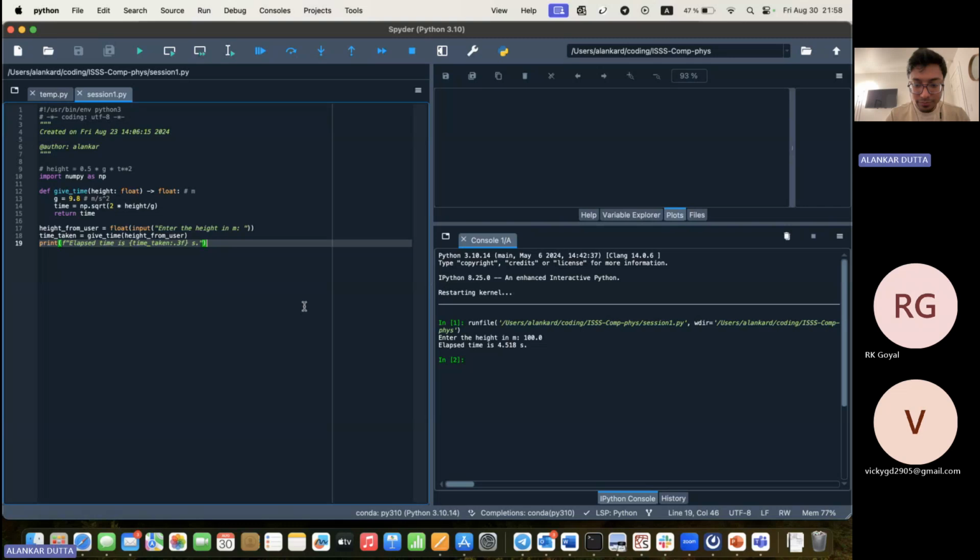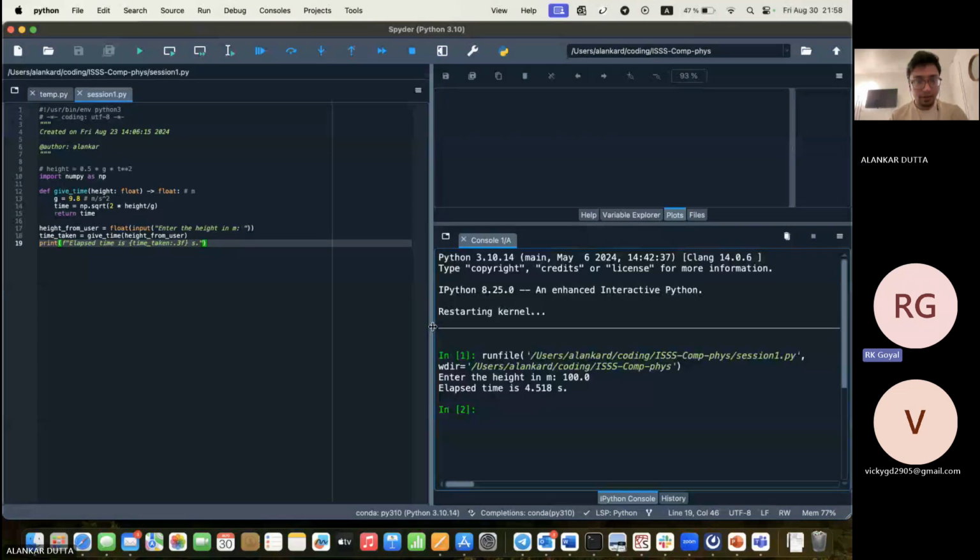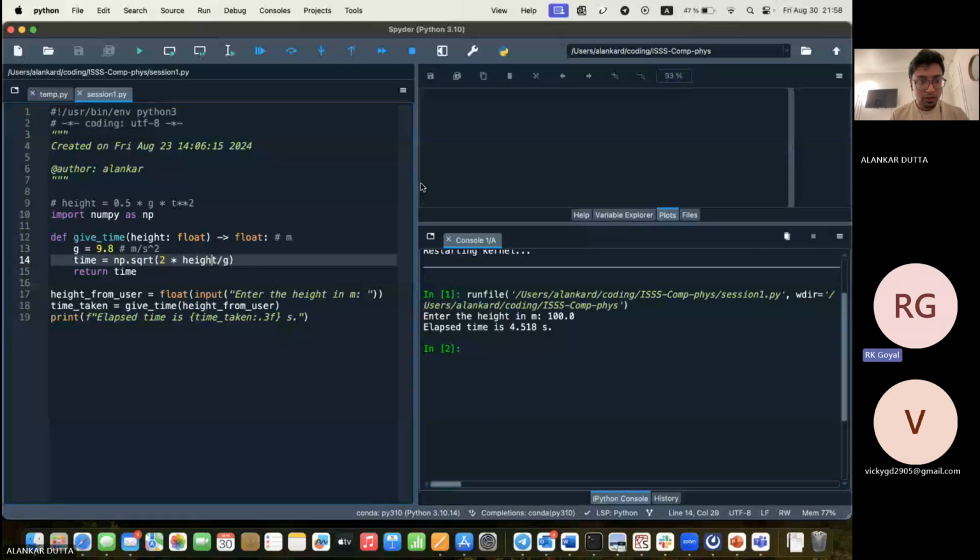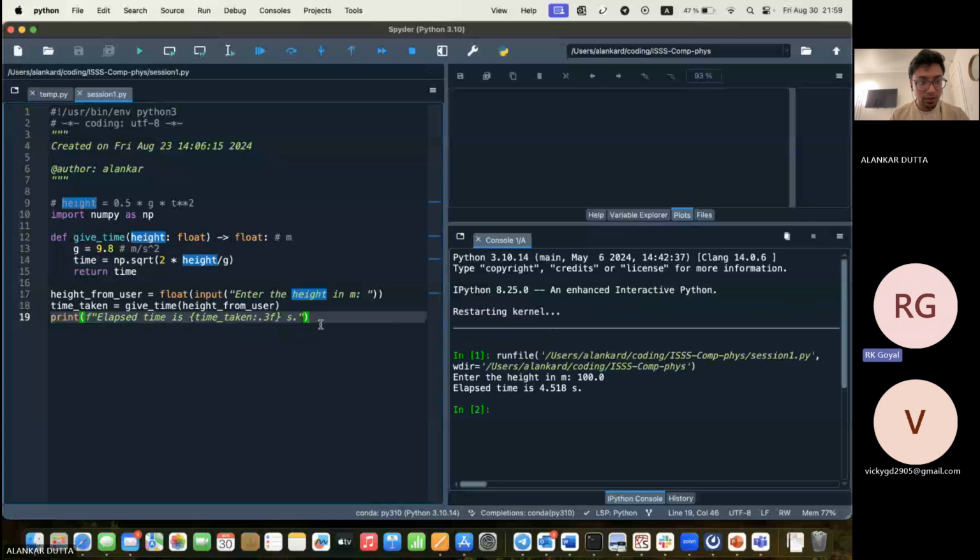Is this better? No, might have increased. Yes, so you are increasing the font size of the right panel, but not in the left panel wherein the code is written. Oh, I have also increased the font size of the left panel where I've written the code. Okay, it is okay now.